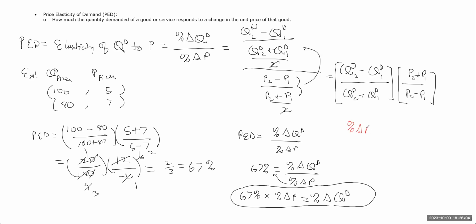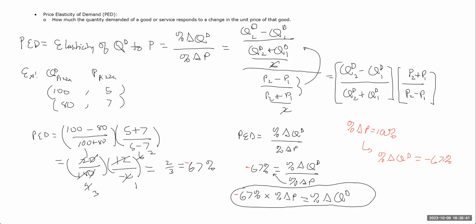If the percent change in price is equal to 100%, then we know, oh, this is actually a negative number. Here's a negative. Oopsie daisy. Then we know, plugging it in here, the percent change in quantity demanded is equal to negative 67%, meaning if prices go up by 100%, the amount being purchased goes down by 67%.